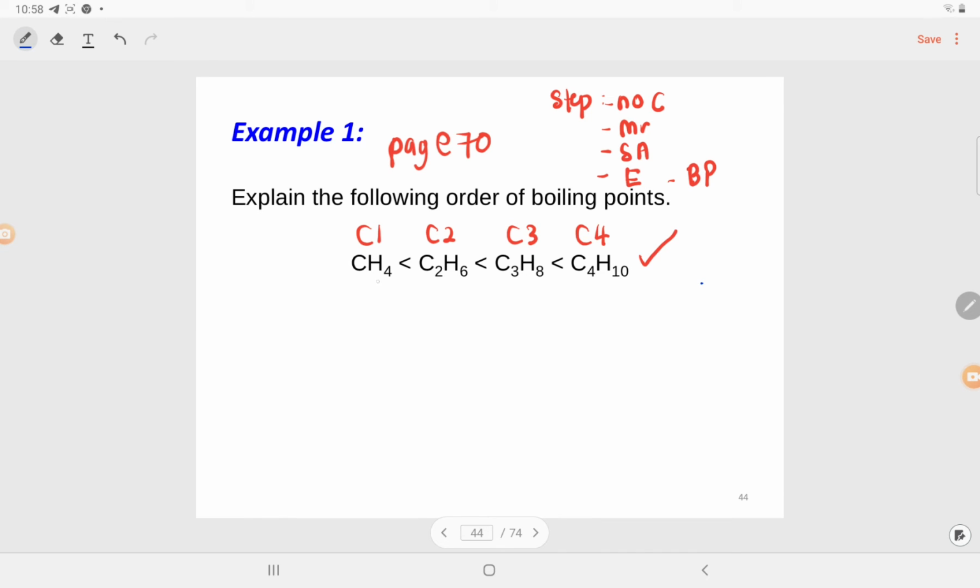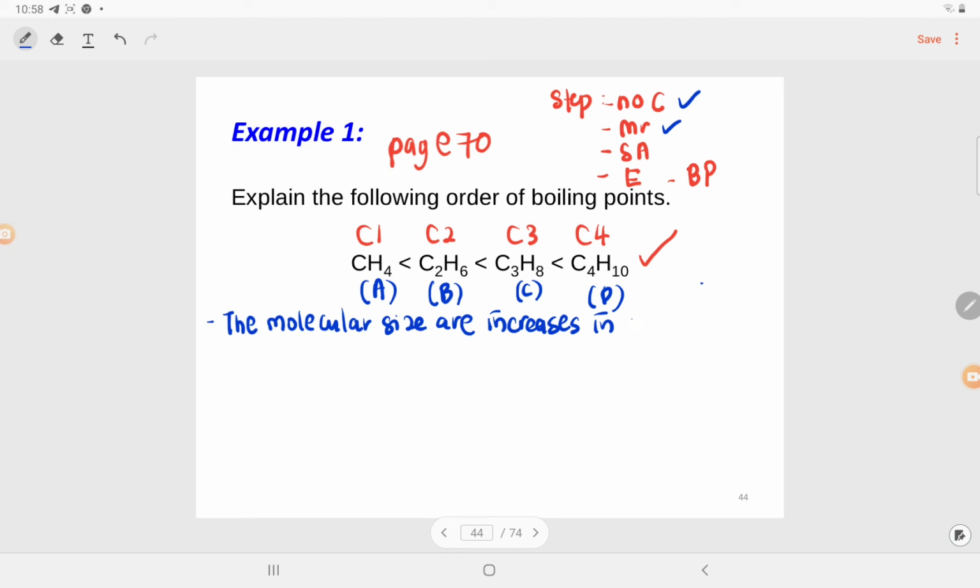For example, I label them molecule A, molecule B, molecule C, and molecule D. And I can write down: first factor, number of carbon atoms, which is proportional to the molecular size. So molecular size increases in order. Arrange them.